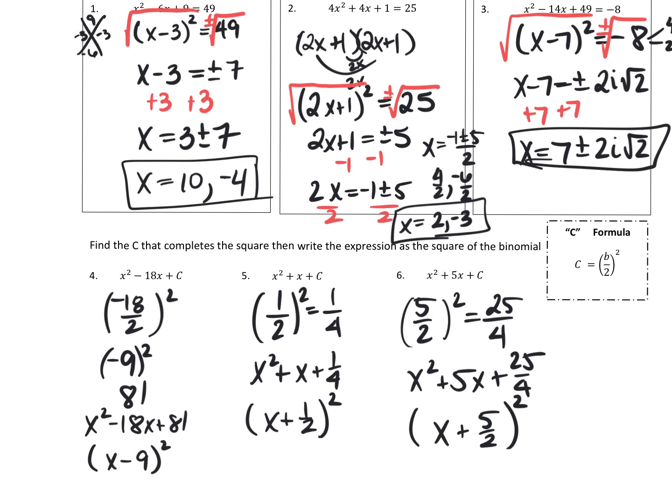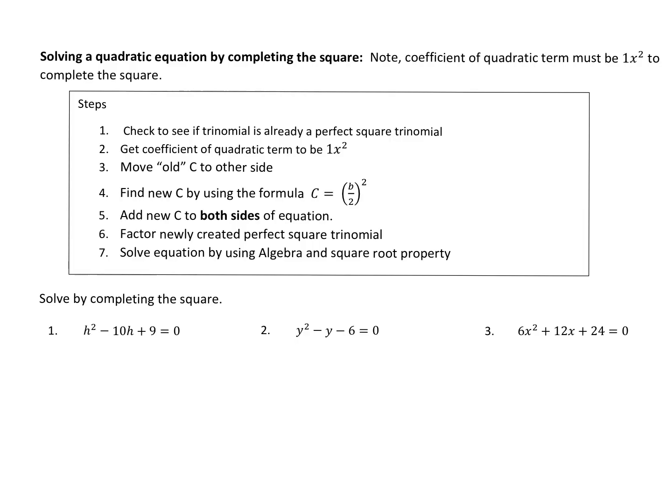Okay. All right, we're on the side. So we're going to use the same idea. We're going to solve by completing the square. One of the rules that has to happen is our coefficient has to be equal to 1 on the x squared term. Okay, and we'll talk about that in a second. So, first thing we do, we check to see if it's a perfect square.